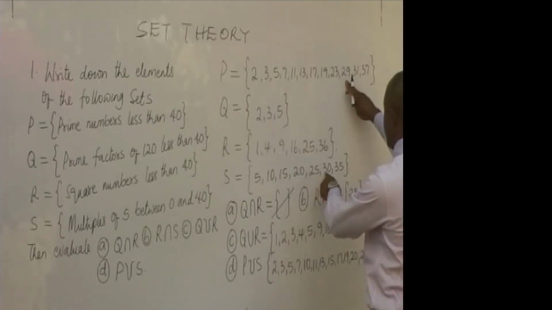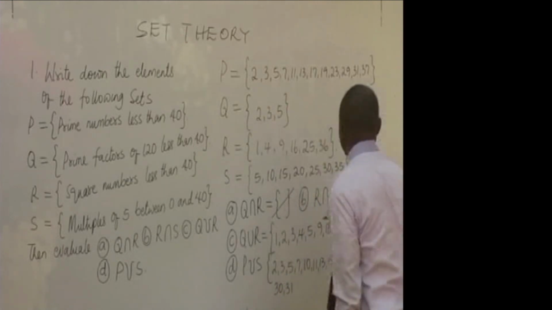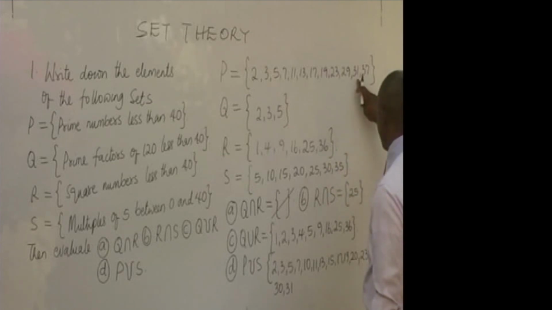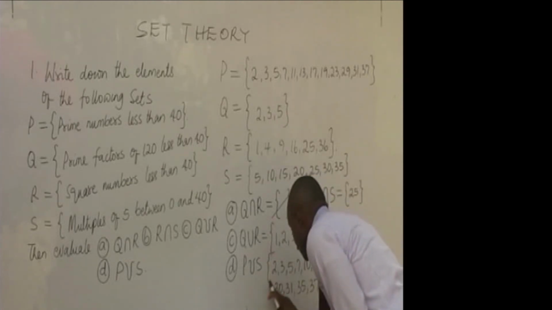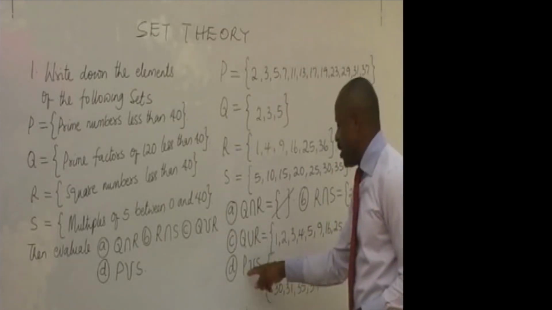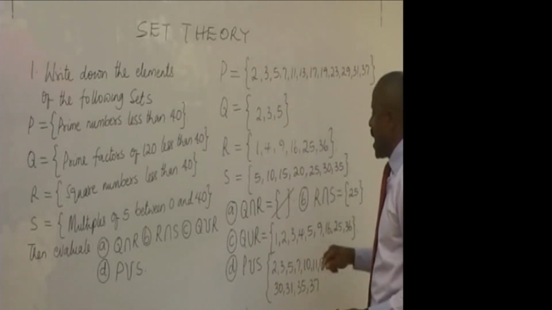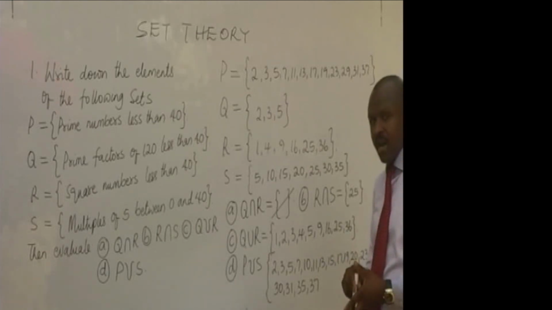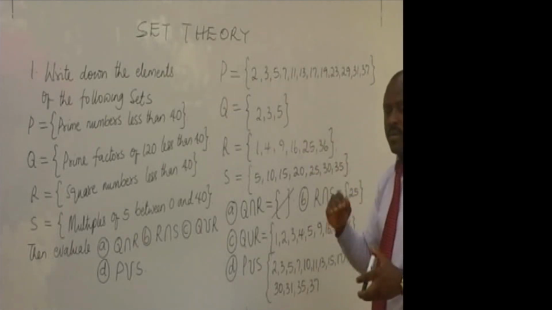Now 30, 31. Then we have 35 and 37. So these are the members of P union S. All the members of P and all the members of S, but don't repeat any of the members, assuming they occur in both sets.